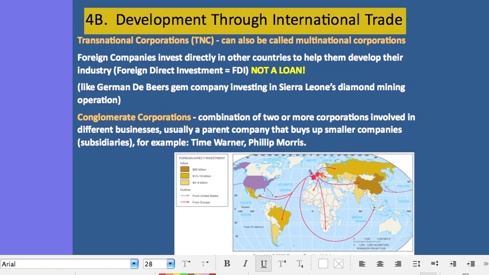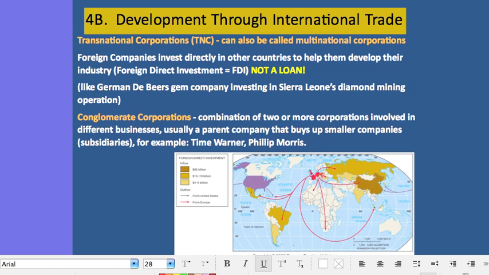Usually they're involved in a variety of businesses, so they're multi-industry. It's often a parent company that buys up smaller companies or subsidiaries, like Time Warner or Philip Morris, a large company that buys up other smaller companies and makes money off of them.